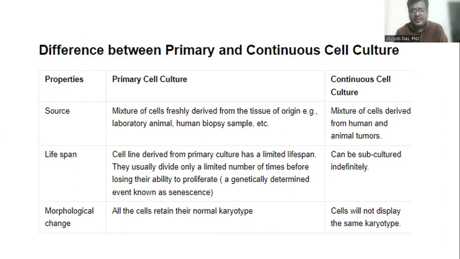So let us look at this table. In case of primary cell culture, your source will be a mixture of cells derived from the tissue of origin. And that tissue of origin can be from a laboratory animal, like an experimental mice, a lab rat, or any other test organism, or it can be directly from a human through a human biopsy sample.